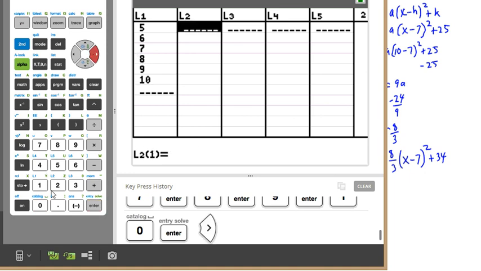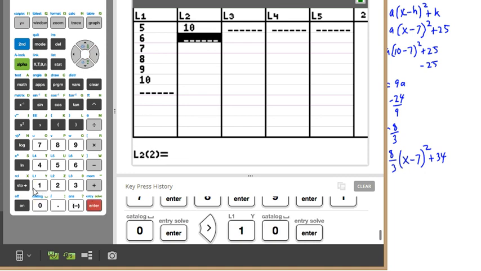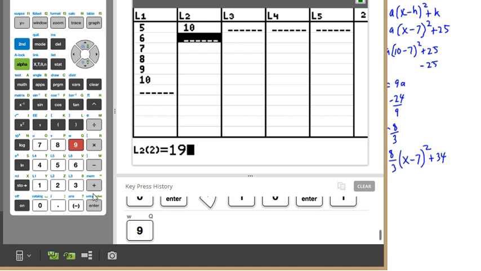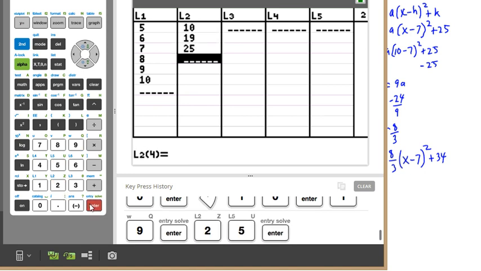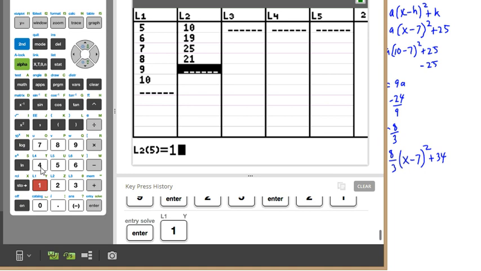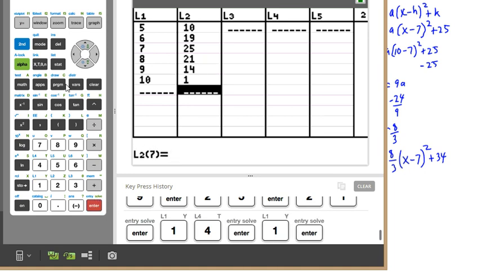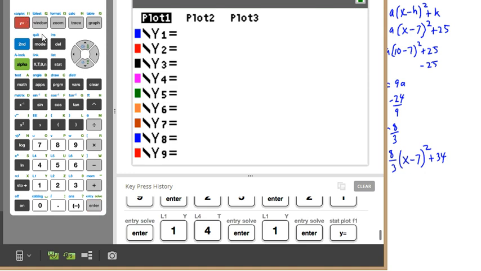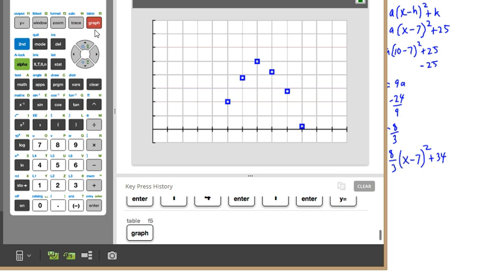And then we have our corresponding f of x data, 10, 19, 25, 21, 14, 1. Okay, so we have that data. We go back here. We have plot 1 turned on. That's what the points look like.